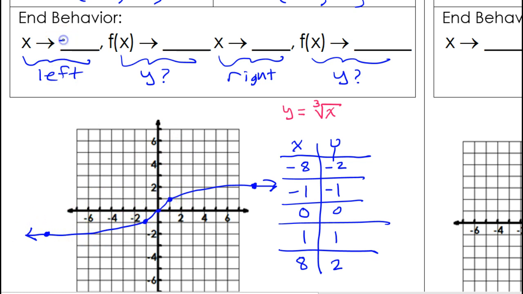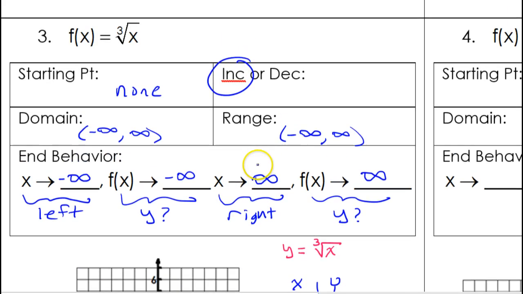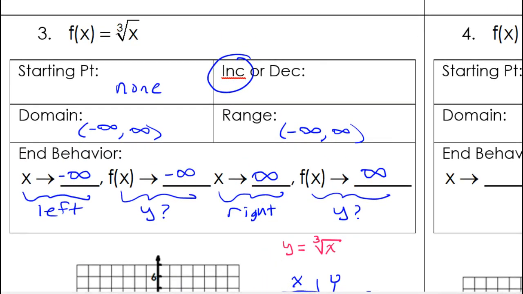So as we go to the left forever, the graph is falling. So we will have negative infinity, negative infinity. As we go to the right, this graph goes to the right forever, so that's positive infinity, and it is increasing. So as we go to the right, this graph is rising, that's another positive infinity. That's going to do it for the parent function here, cube root of x.